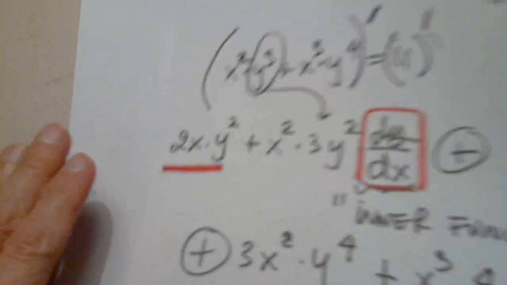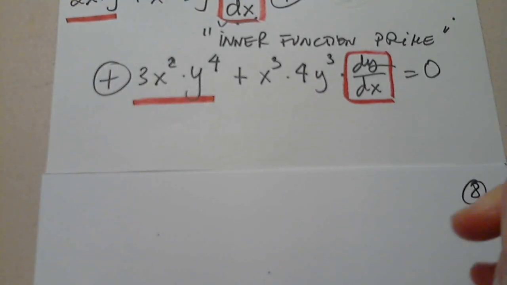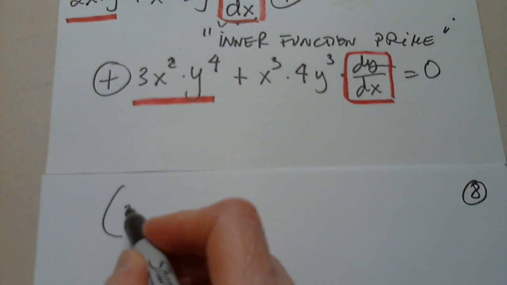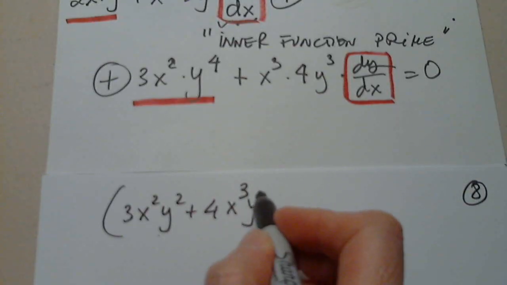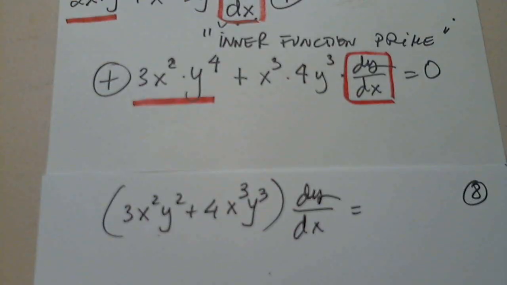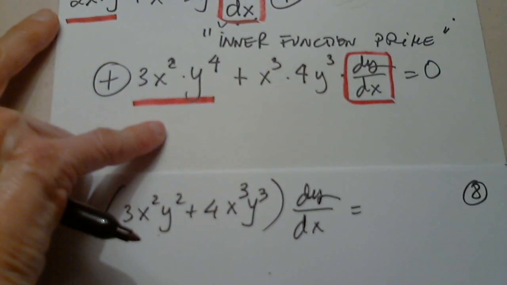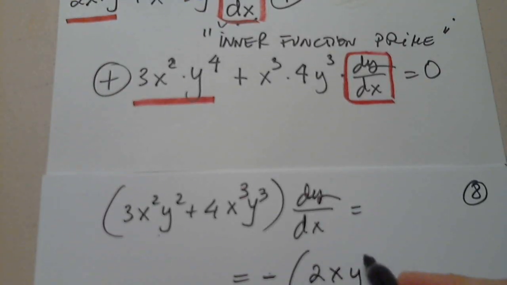Okay? So I have 3x squared y squared plus 4x to the third y to the third times dy over dx equals. These two are positive on this side, but I have to move them to the other side, and I'm going to put minus in front: 2xy squared plus 3x squared y to the fourth.